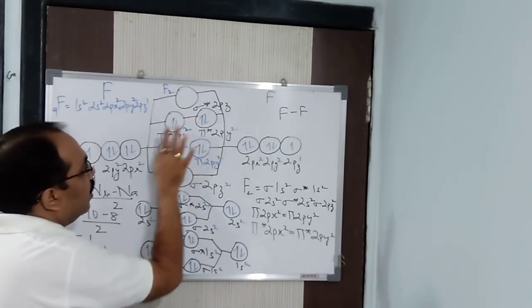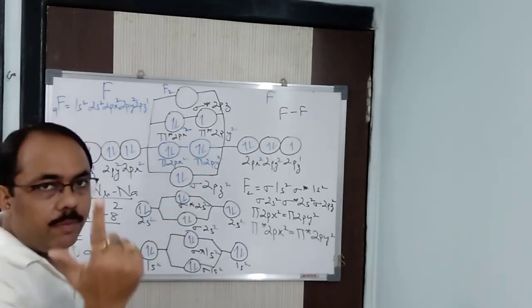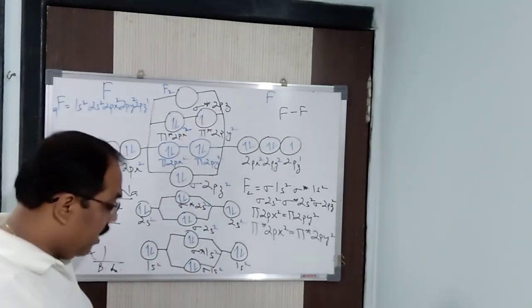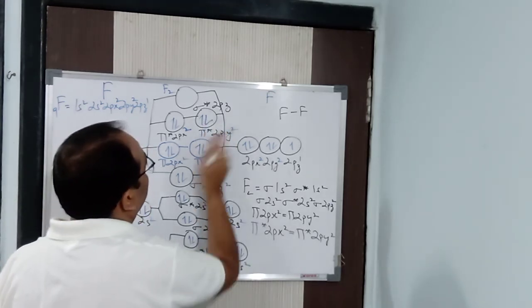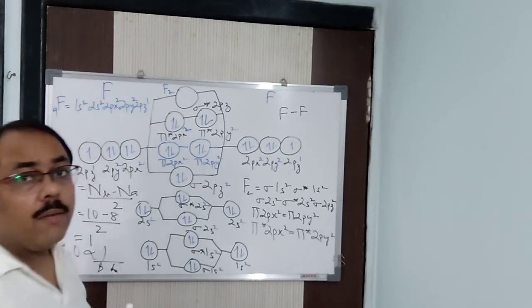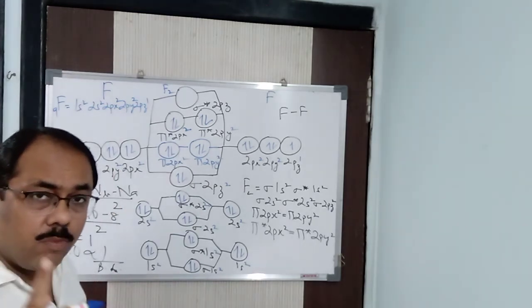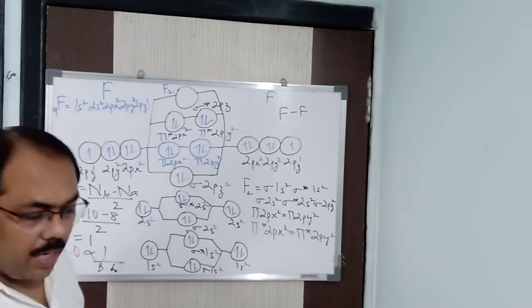If even one is unpaired, then it is said to be paramagnetic. But if all are paired, as you can see here, it is diamagnetic. So the fluorine molecule is diamagnetic in nature. If there is at least one unpaired electron in the outermost orbital, listen carefully, then it is said to be paramagnetic.